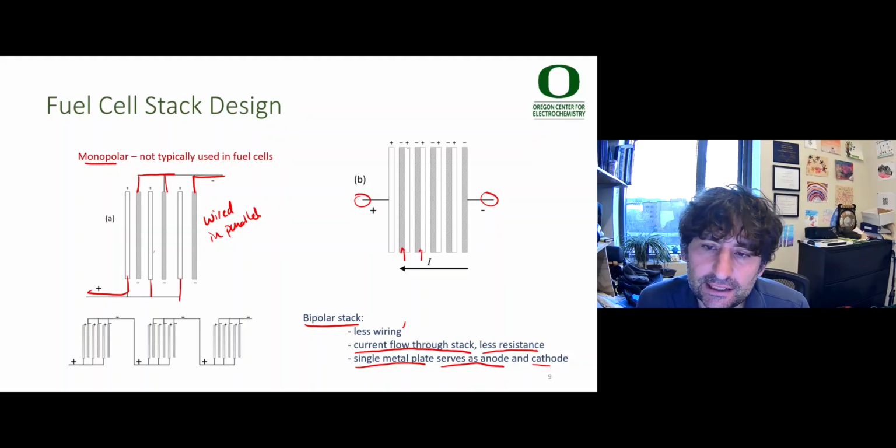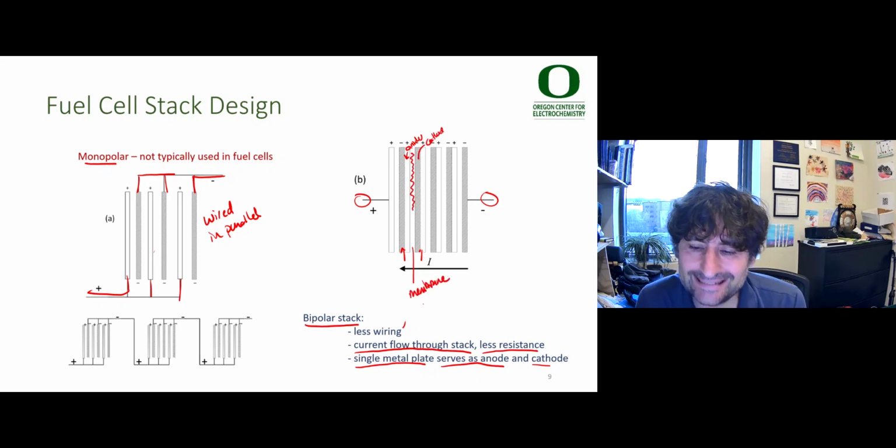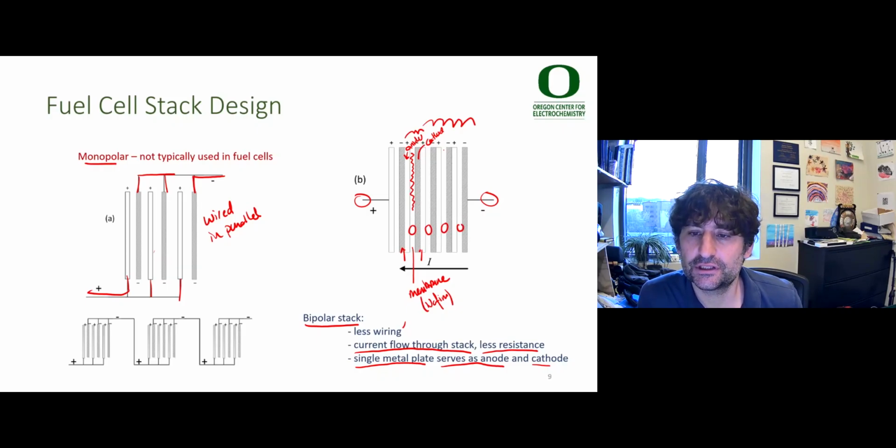And what you can see is the anode here and the cathode here with our membrane in the middle. And that membrane is typically going to be Nafion. And this motif is just repeated many, many times. And a single metal layer here serves as both an anode and a cathode, but the membranes in the cells are isolated from each other, so the voltages can add in series.